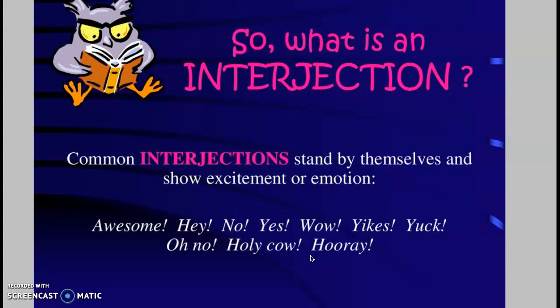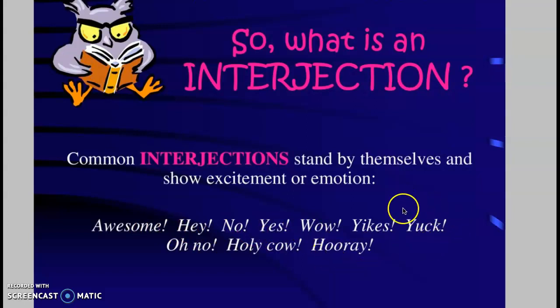They don't always have to be happy or exciting. They could express some sort of disappointment or surprise in someone. For example, holy cow can be an example of an interjection, but it doesn't necessarily mean the person is excited about something. But then there often are awesome, yes, wow, and hooray.